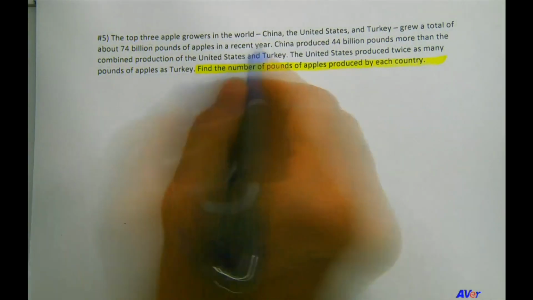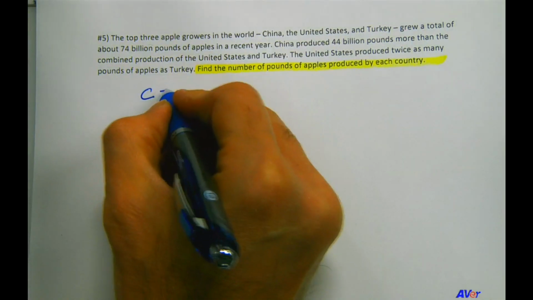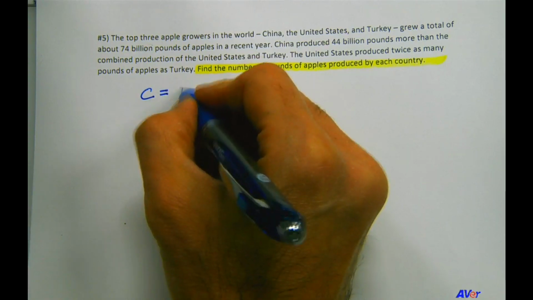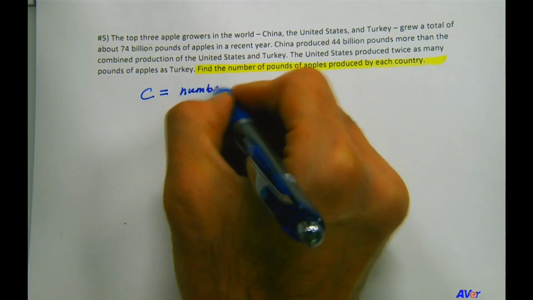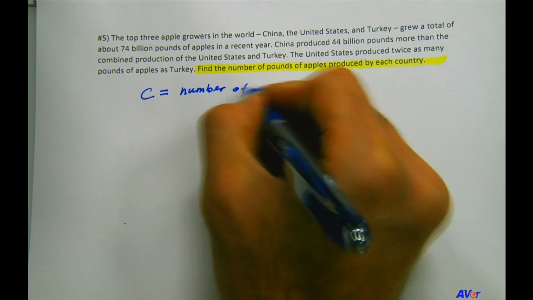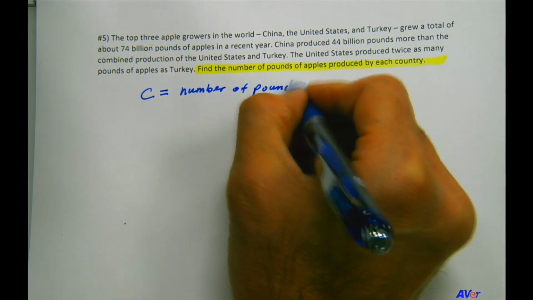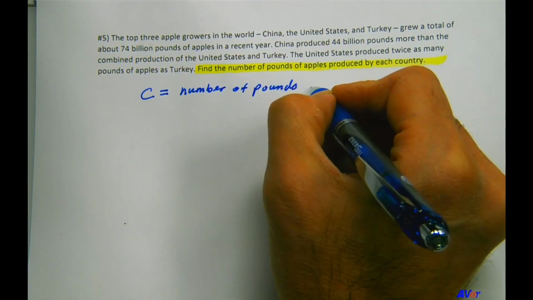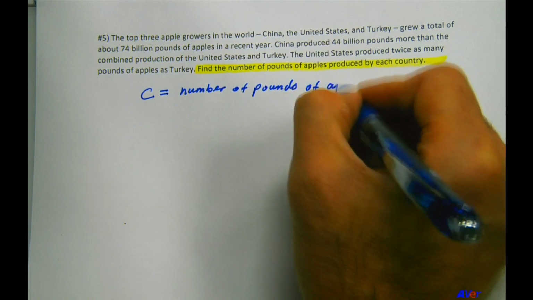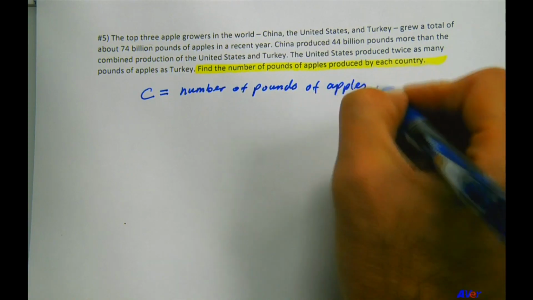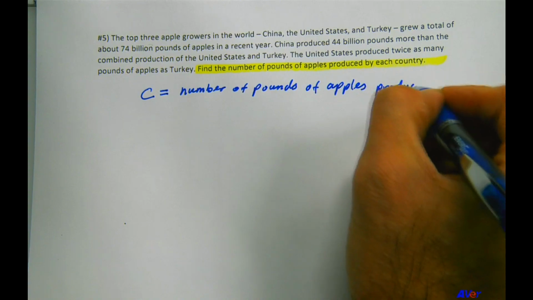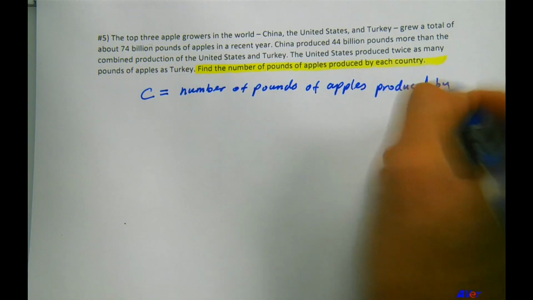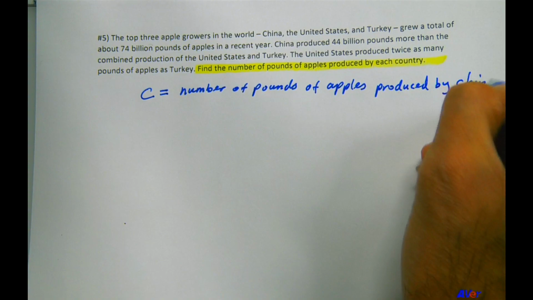All right, for China, I will assign the variable C to the number of pounds of apples produced by China.